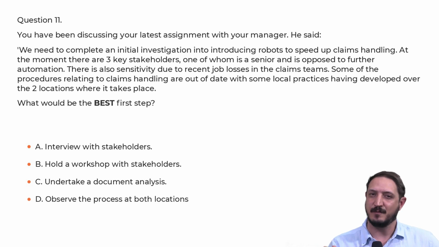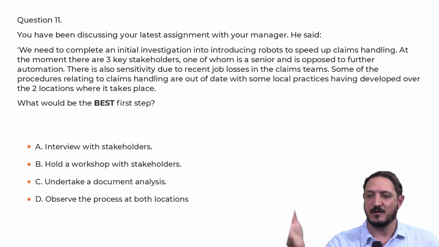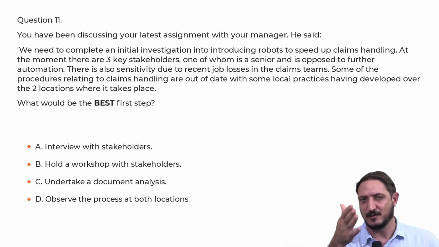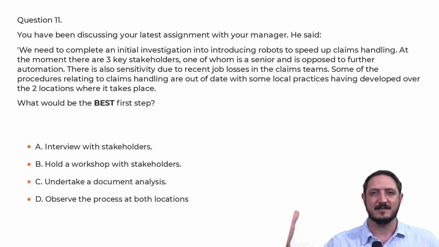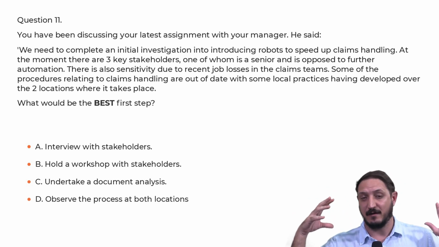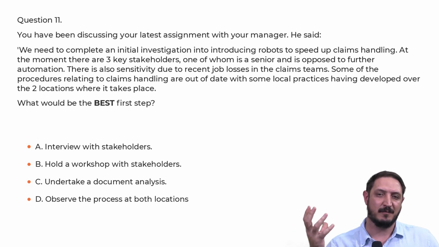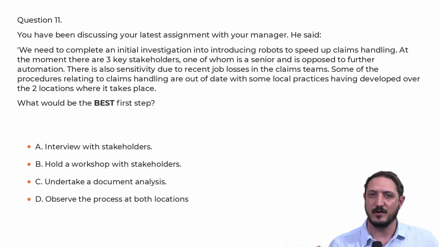So observations are primarily there to observe a process and to see what people are doing. And in this context, they're not really telling us about a specific process that needs to be observed or a specific problem. Maybe at a later stage where they may have resolved this issue that the senior has. Maybe he may have decided that the organization can't afford it, or they've tried it before and it hasn't worked.